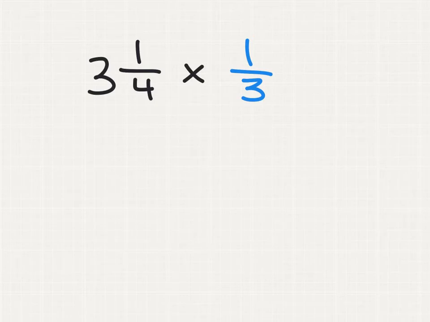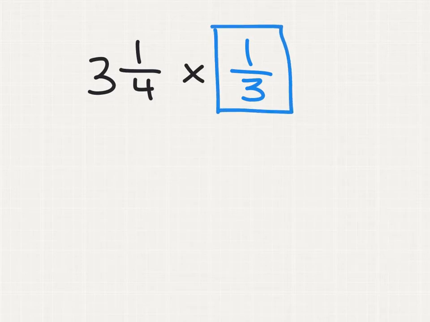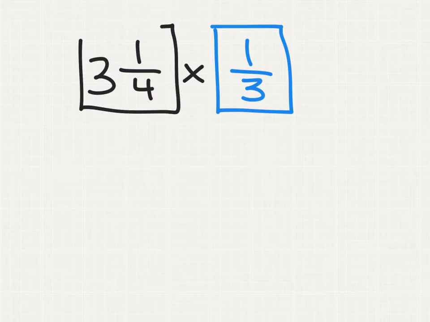Right now, I have a fraction here in my second factor, but my first factor is not a fraction. It's a mixed number. It has a whole number and a fraction. Before I can multiply, I need to change, rename, or convert my mixed number into an improper fraction. I need to make it a fraction.